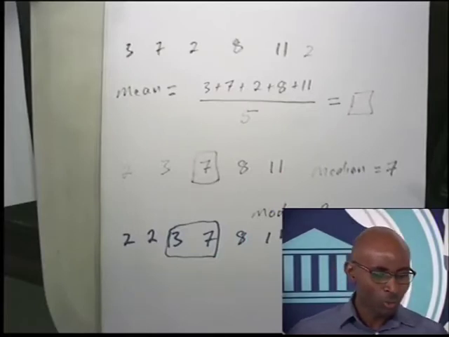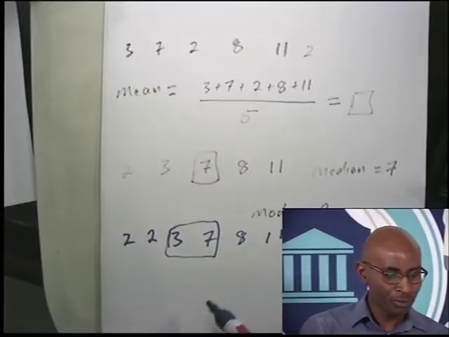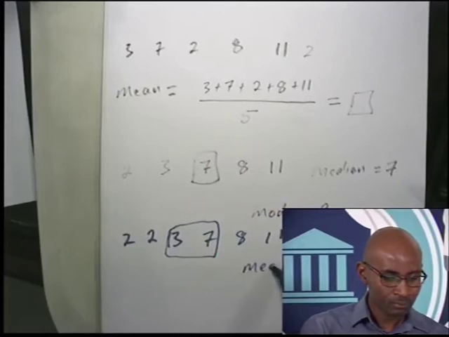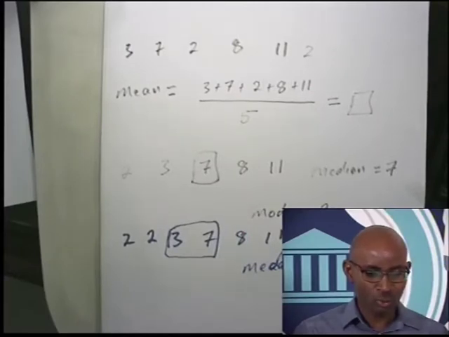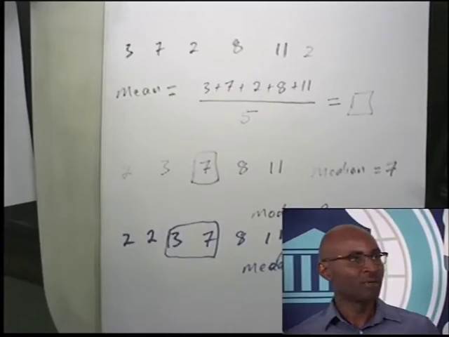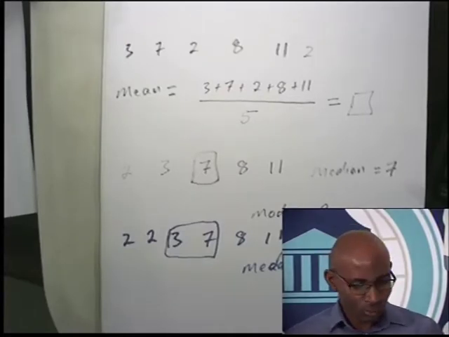And therefore, to find the median, we consider those 2 and we add them. 3 plus 7 divided by 2, that gives us our median. Okay, so that's what we have.